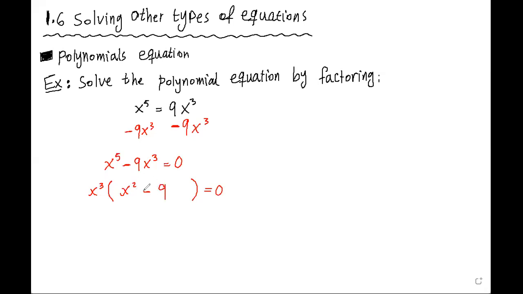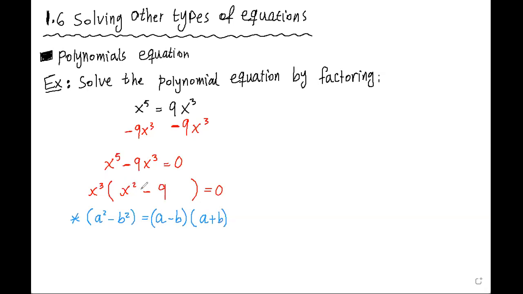Now, x squared minus 9, this is a difference of squares, right? What is the factorization of x squared minus 9? X plus 3 and x minus 3. Yes. So let me remind you, the difference of squares: a squared minus b squared equals a minus b times a plus b.